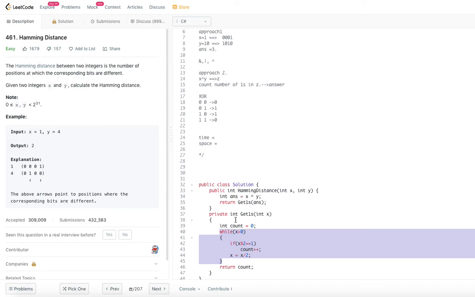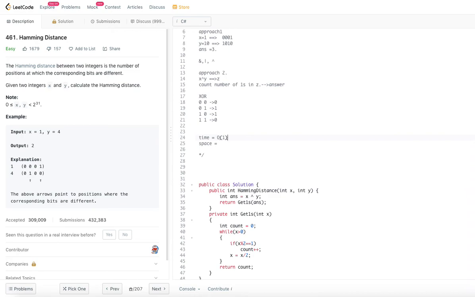So that means getting the ones will run for order of 32, or you can say just 32 times. So overall the time complexity is order of 32, which is nothing but a constant. If you want to talk in terms of the bits, you can say order of number of bits in the given number. But since these are integers that we are dealing with, it will be order of 32.